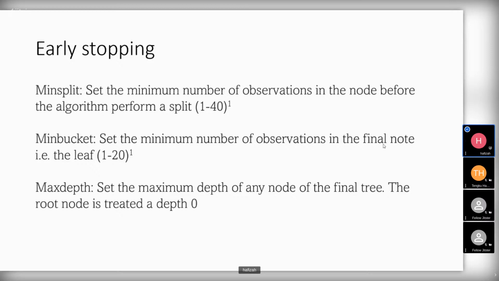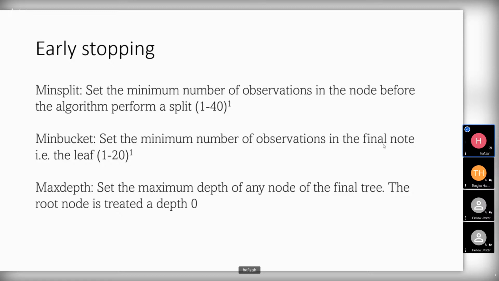If you have so many variables and you let the tree split however it wants, it becomes a very big tree, and it will give us an overfitting problem.